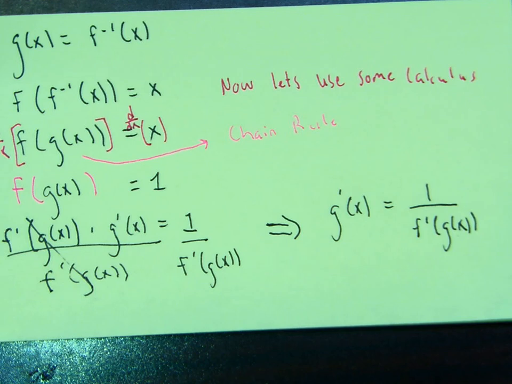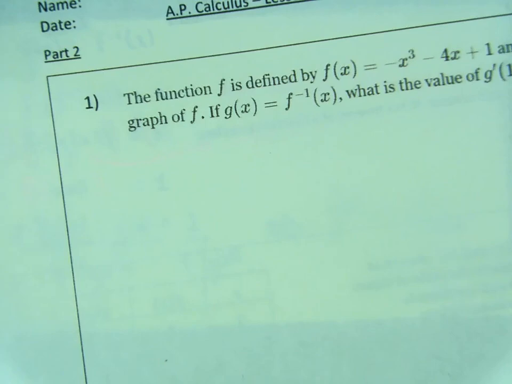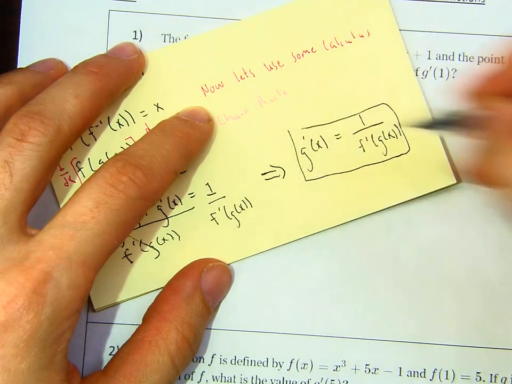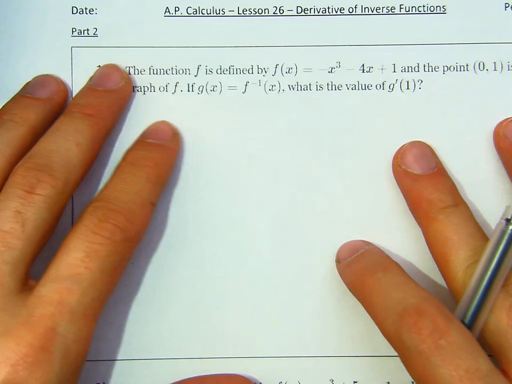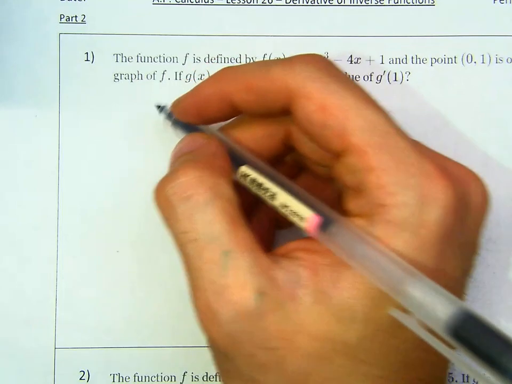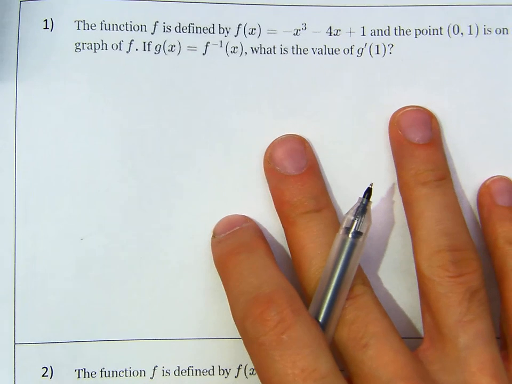So now let's go to this page over here. I want you to have this with you. This will be like our little tool we're going to use. Let's take a look at this question, and we're going to go step by step. Let's read it together.